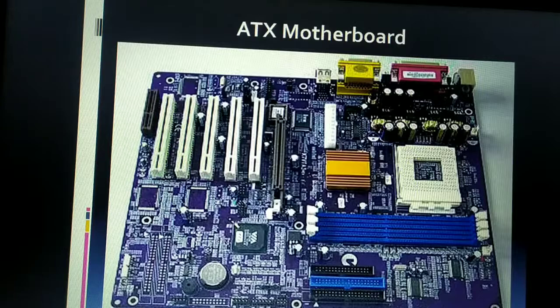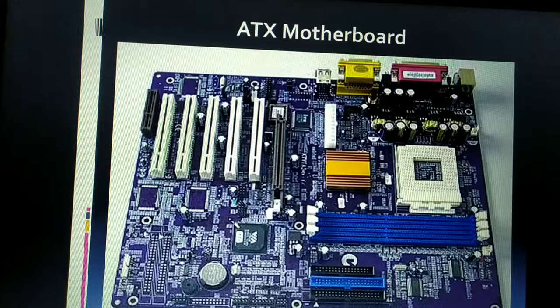Then it also uses the primary and secondary IDE interfaces. IDE stands for Integrated Drive Electronics. IDE devices like CD-ROM drives or hard disk drives are connected to the motherboard through the IDE port.